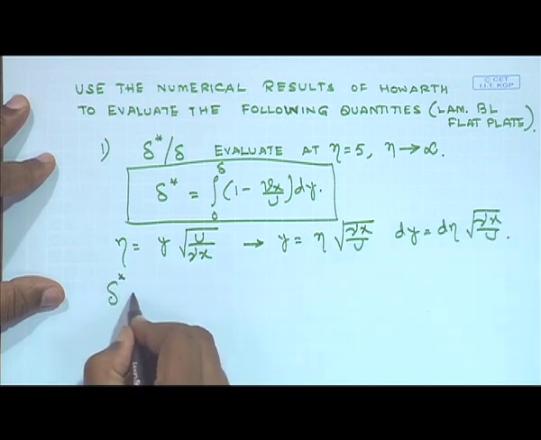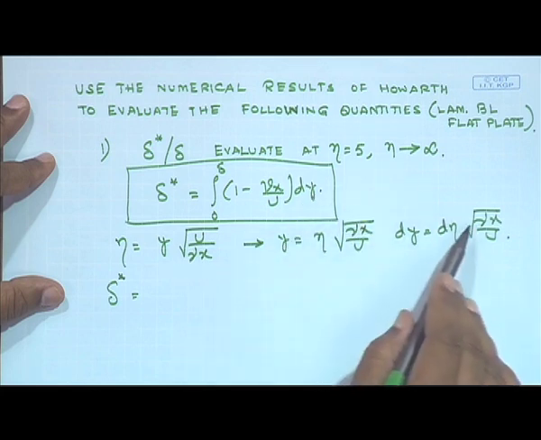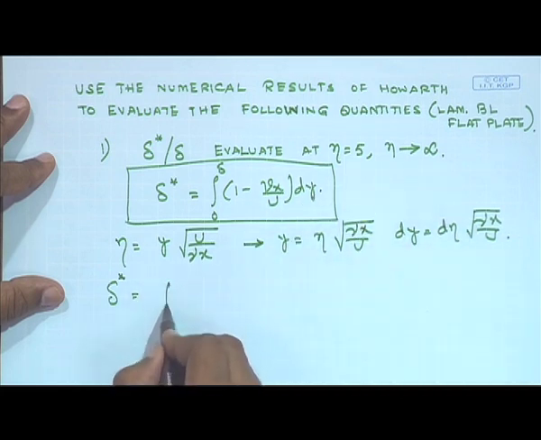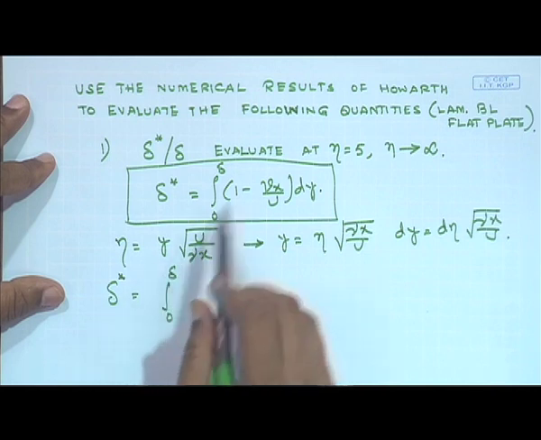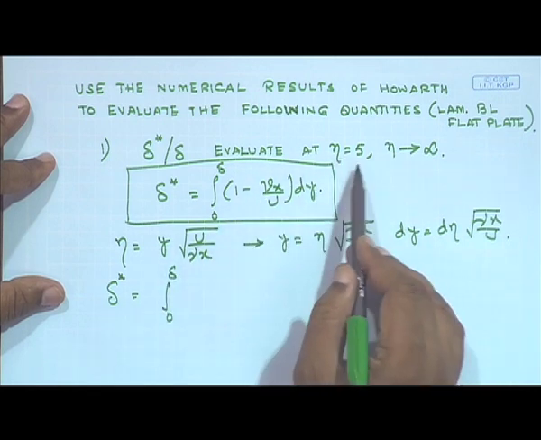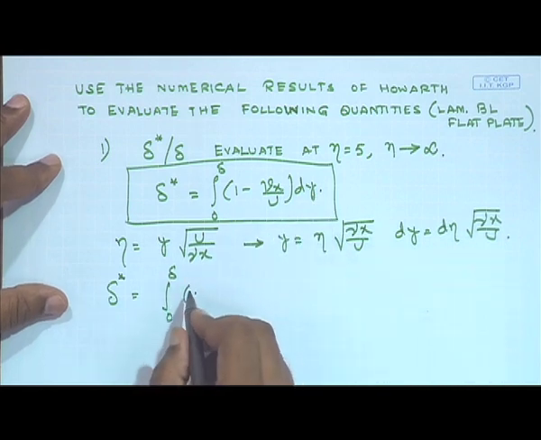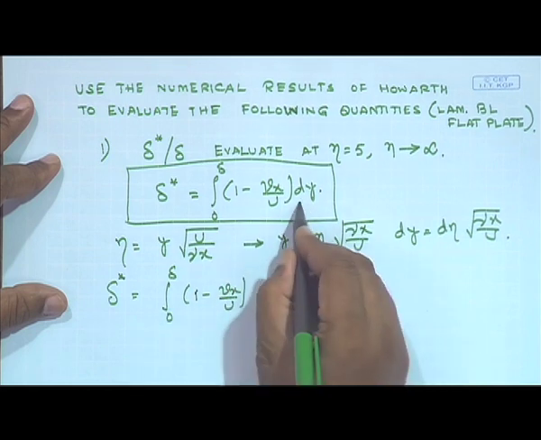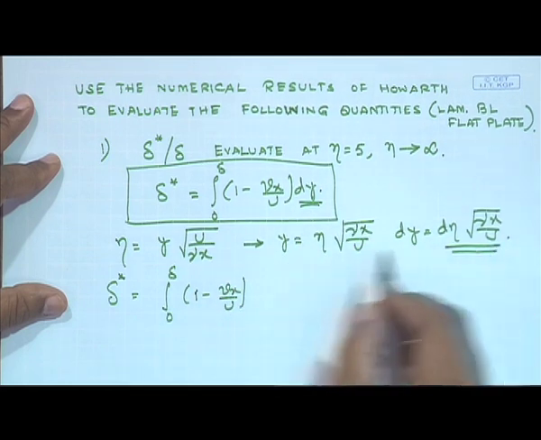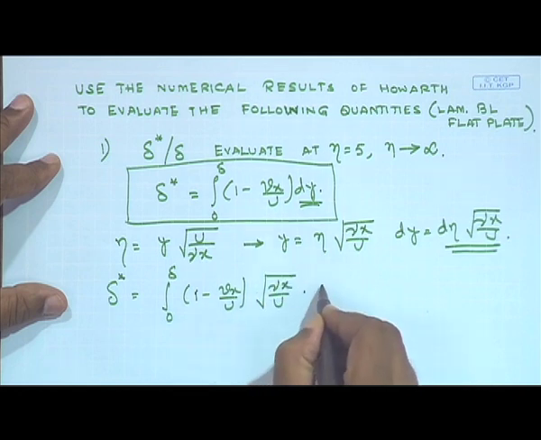So in delta star, if I convert this y to eta, it changes from 0 to some value, and 1 minus Vx by u, but instead of dy I bring in root nu x by u times d eta.